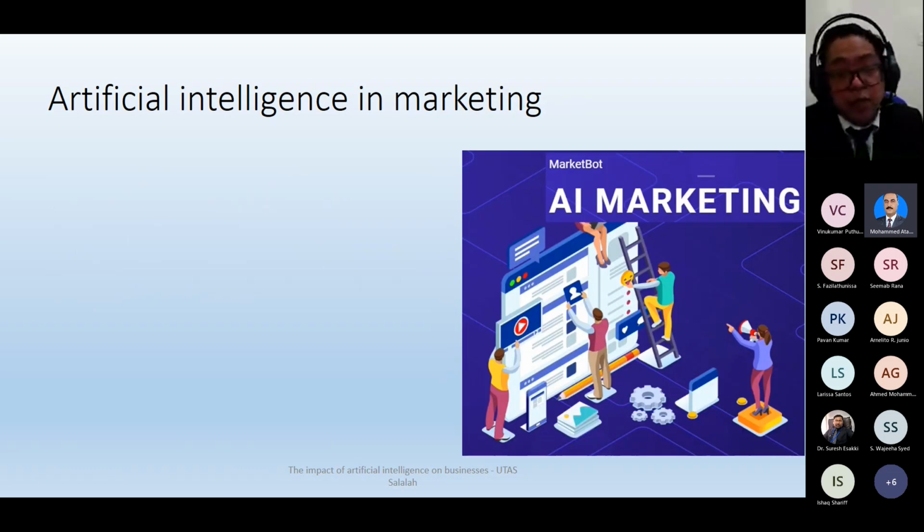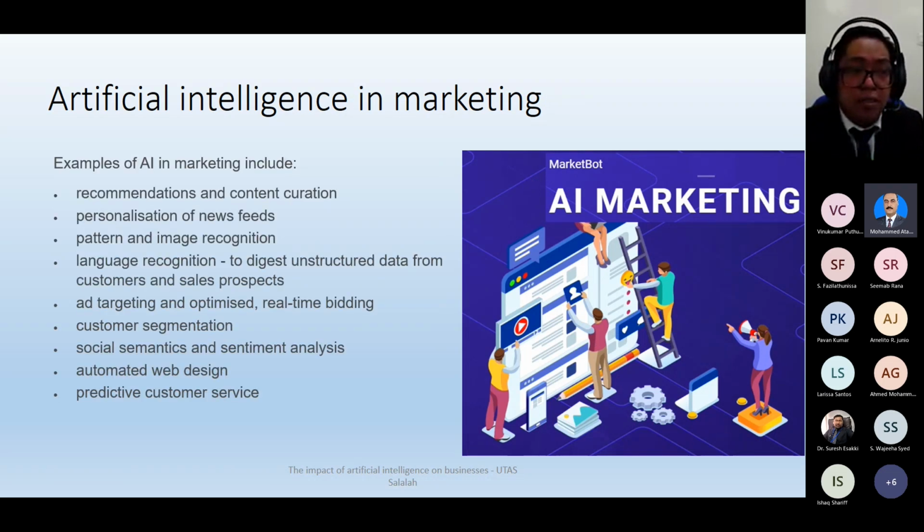Artificial intelligence when it comes to marketing. These are examples of marketing that include AI. Could be recommendation and content curation. Most business specialists are very well versed in the marketing aspect, but we'll just put the AI aspect.